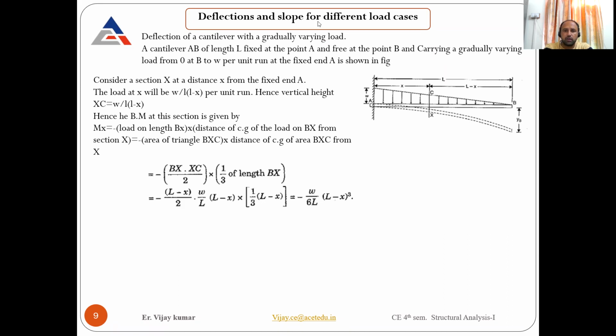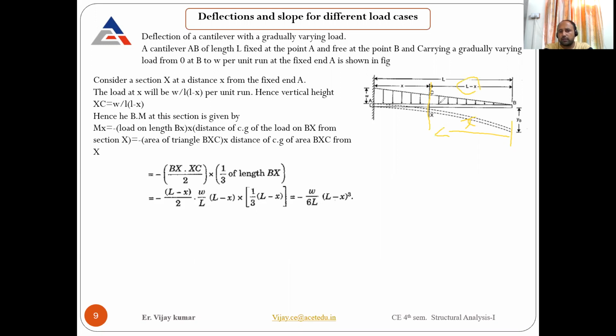Cut a section here and take this portion to be X. If you are considering X from this end, the other portion will obviously be L minus X.